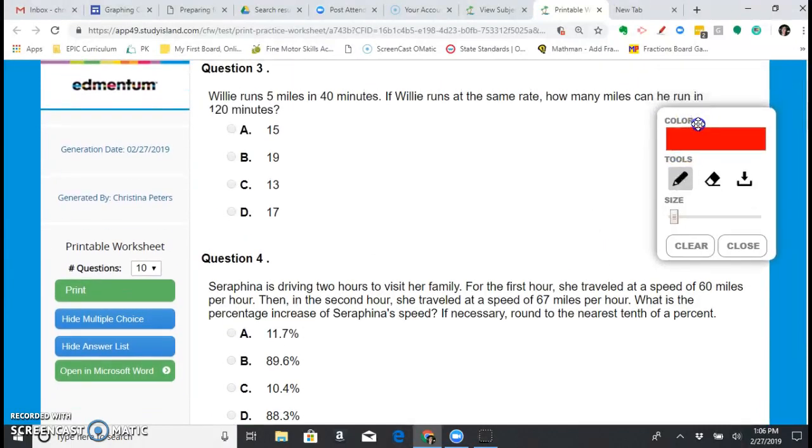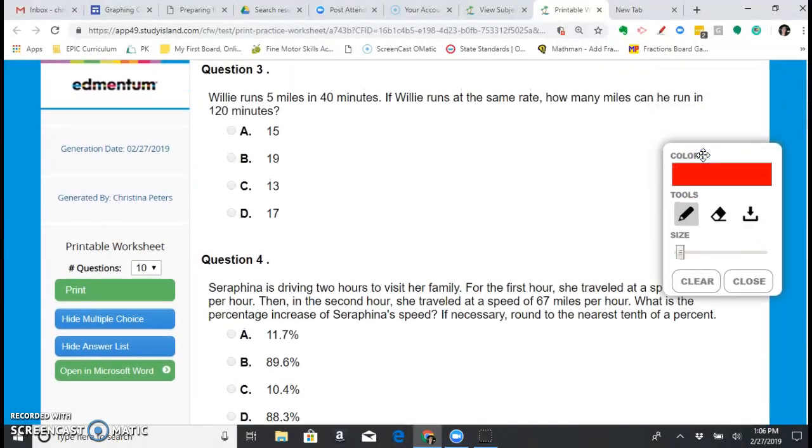Willie runs 5 miles in 40 minutes. If Willie runs at the same rate, how many miles can he run in 120 minutes? If he ran 5 miles in 40 minutes, let's figure out how far he went in a minute.